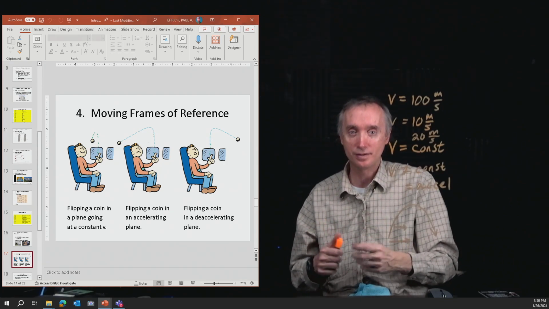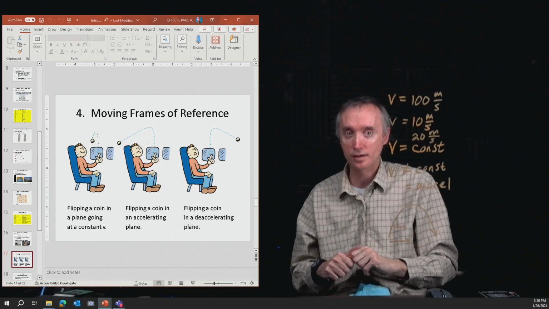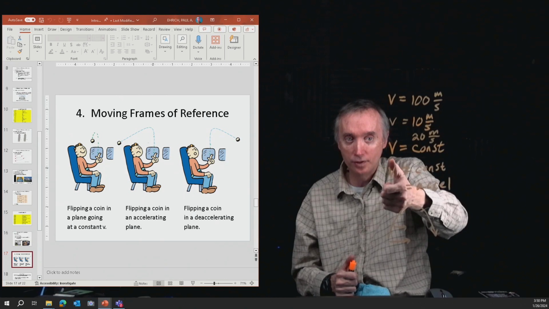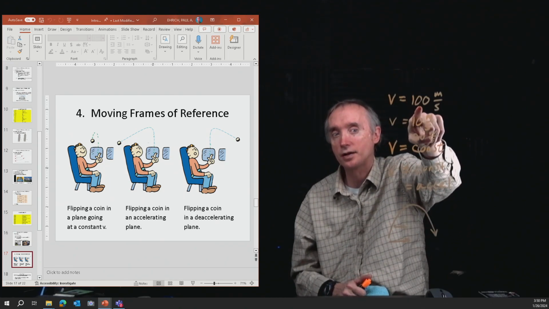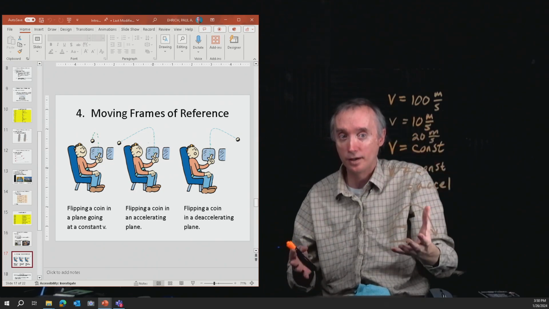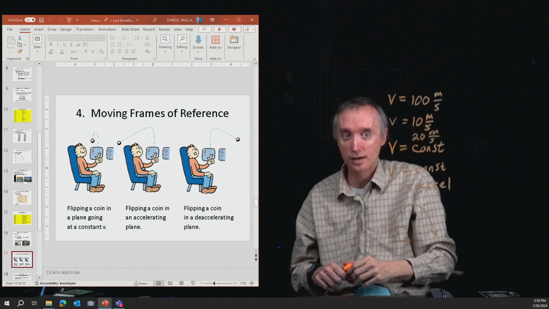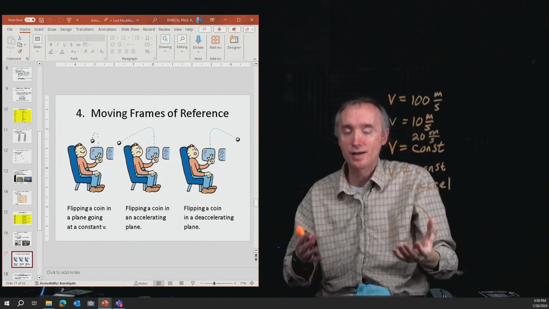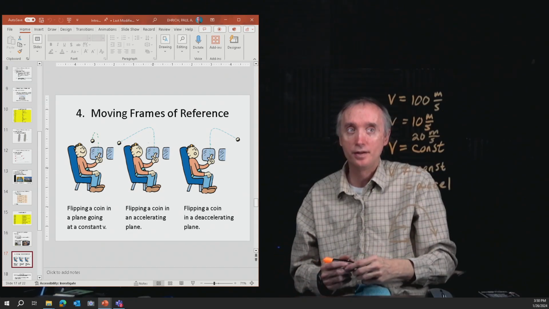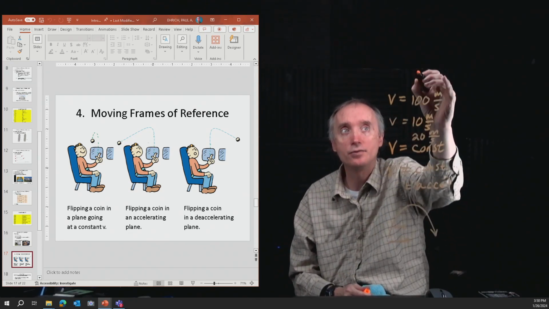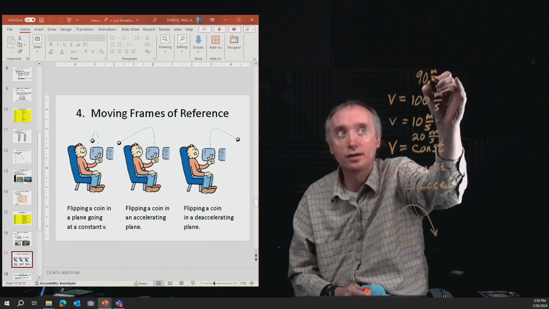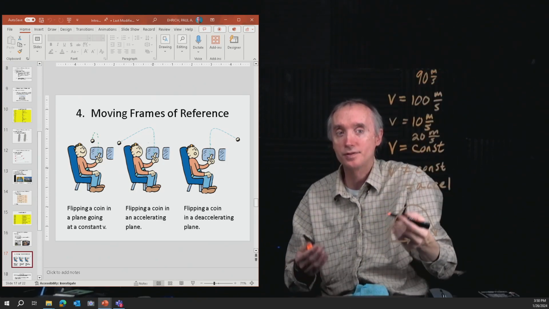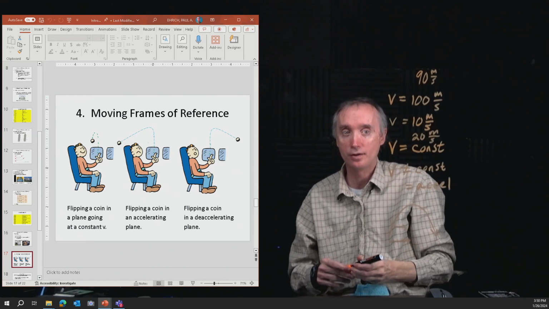It has a negative acceleration. So what's that going to look like? The instant that you flip the coin, it is traveling at 100 meters per second, and the airplane is traveling at 100 meters per second. But let's say 1 second later, the airplane has slowed down to 90 meters per second because the airplane is decelerating.